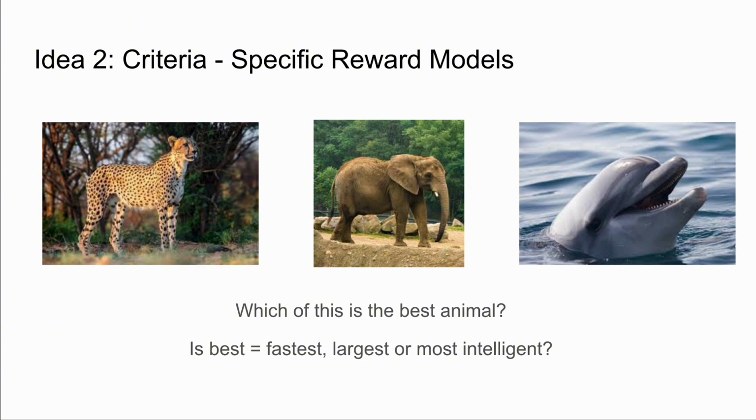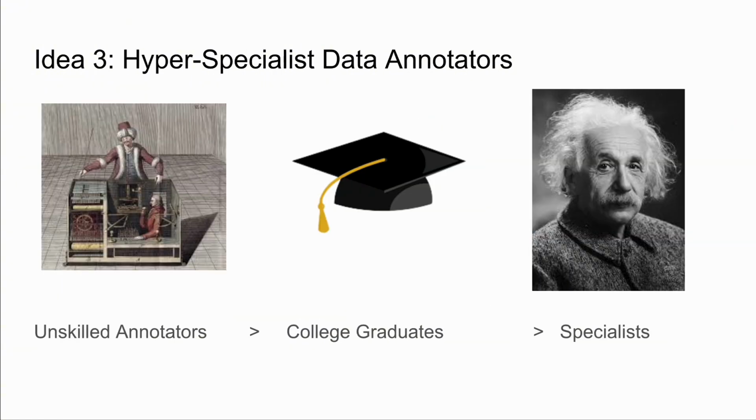So I think we are moving towards a future where reward models aren't just about general helpfulness, but about meeting specific user-demanded criteria. We also see this trend where we move from unskilled annotators. The earliest, this picture is actually Amazon Mechanical Turk, where random people go to this Amazon website and maybe earn, I don't know, just minimum wage per task, to more and more skilled annotators.